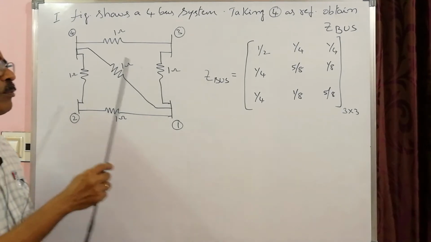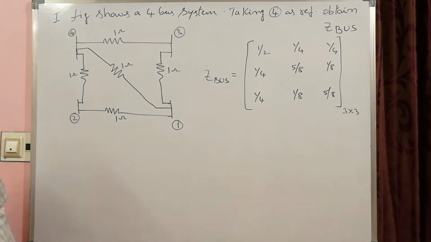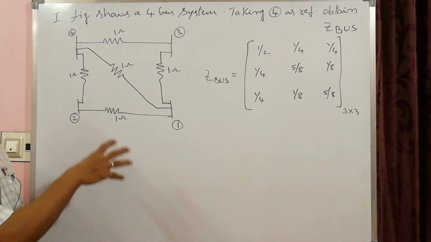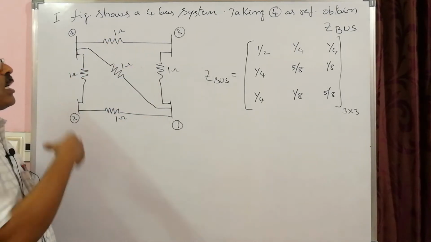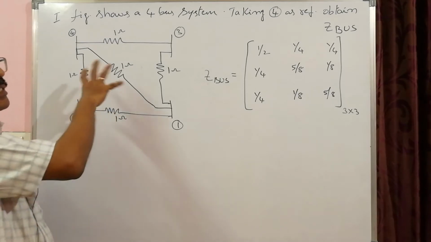So, this problem we already solved in the first example of forming Y bus, because it is involved with only real values, 1 per unit each, only resistances.